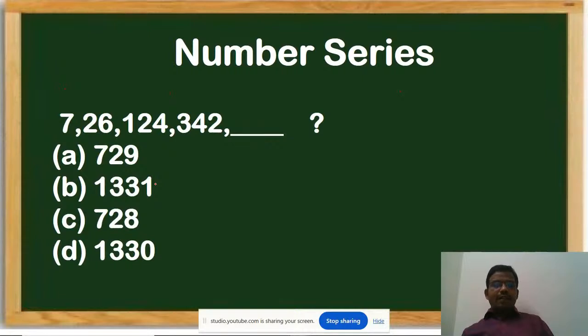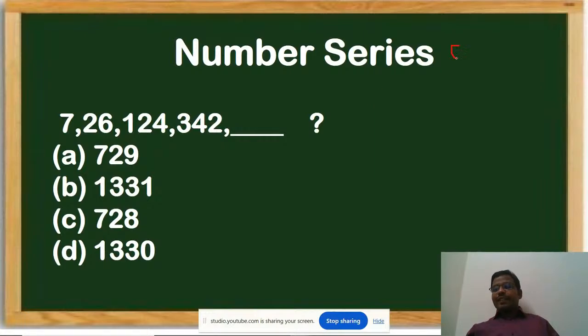Next one. 7 comma 26, 124, 342. Got it? Sir, the given sequence is an increasing sequence, but it doesn't follow the difference logic.